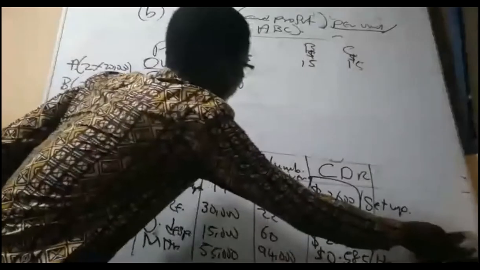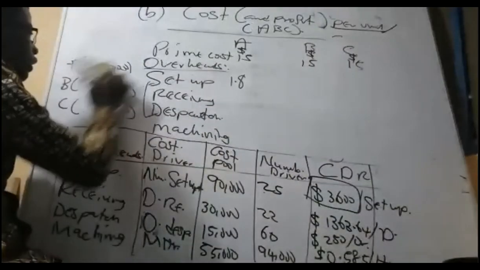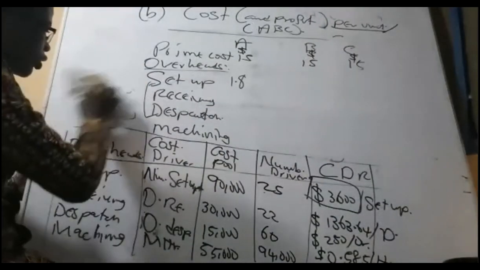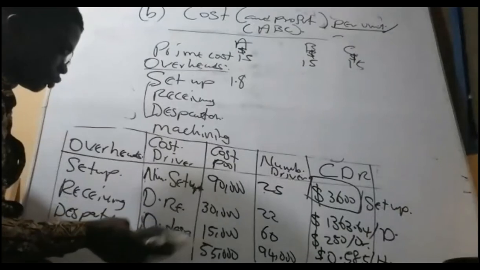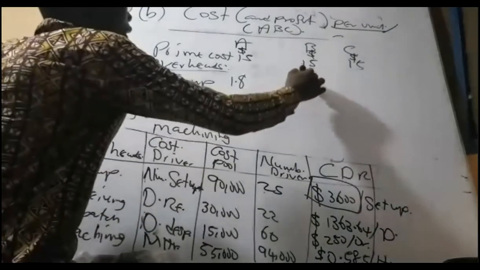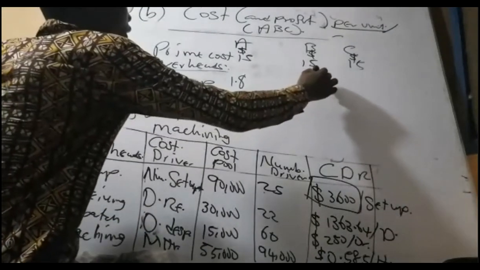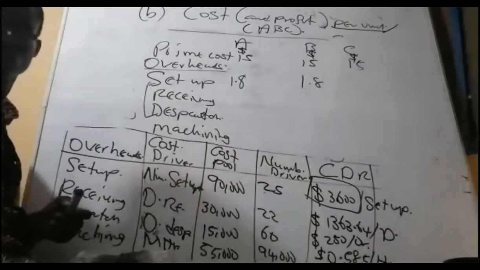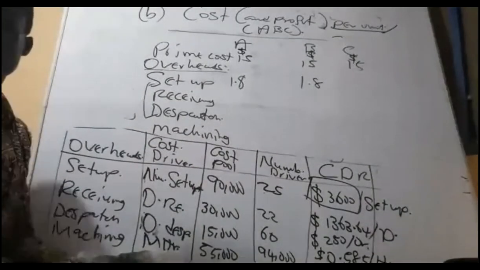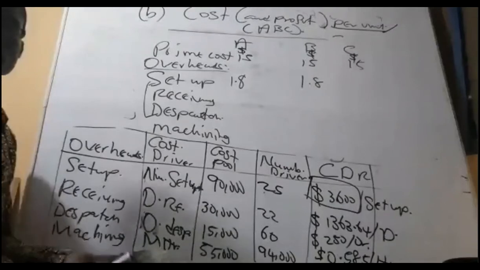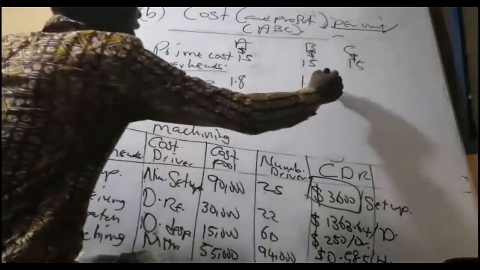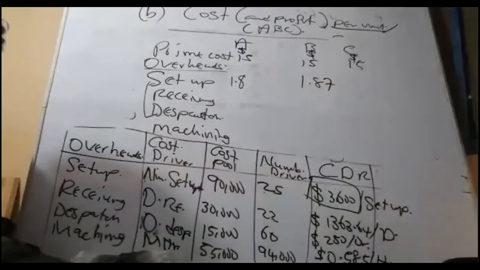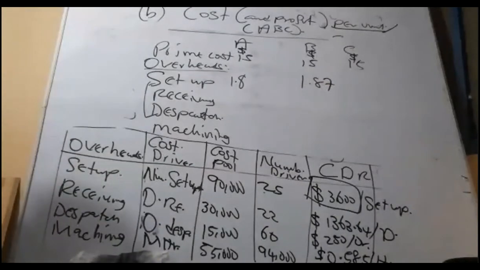Okay, so 1.872. I'm not sure. 1.87. Good. And then the C. Good.